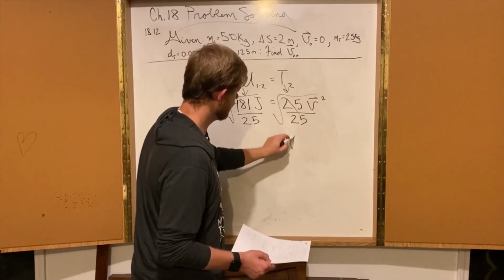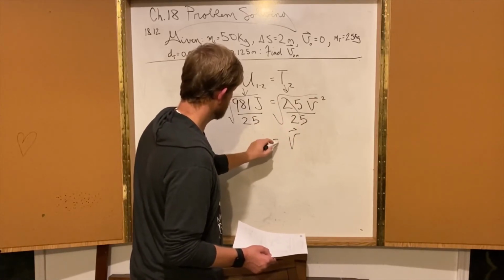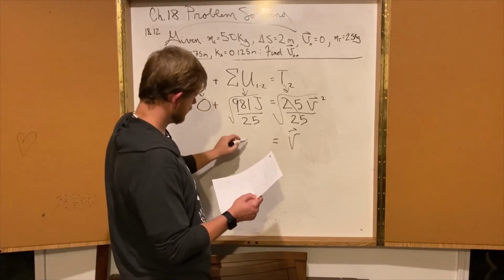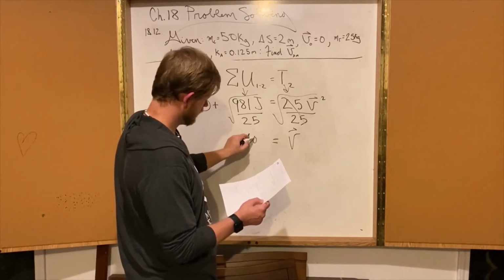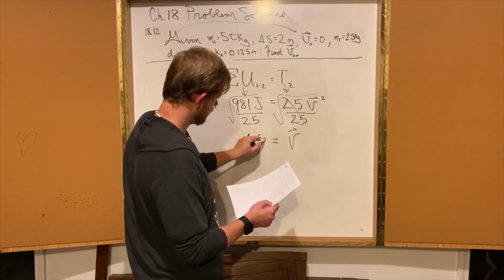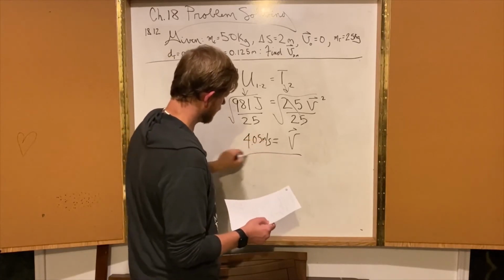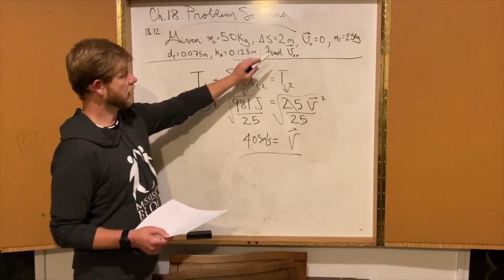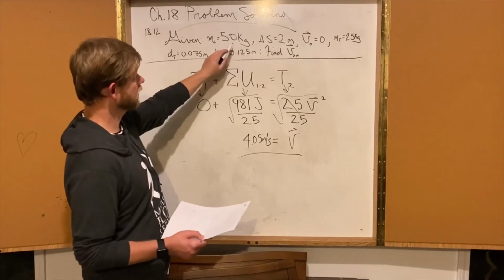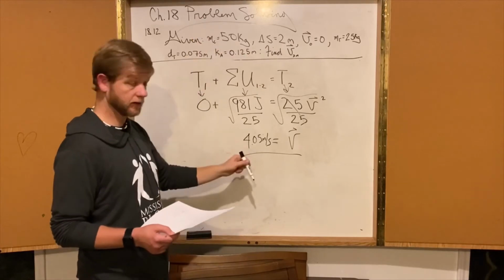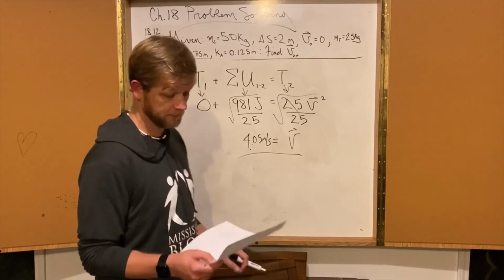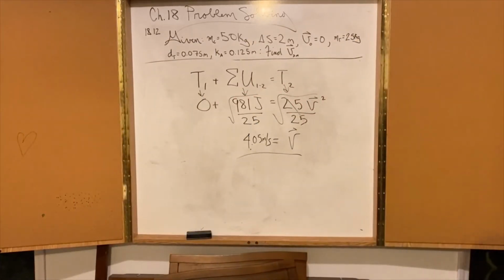So we know that V equals the square root of 981 divided by 25, which should be 4.05 meters per second. So that's the answer. The velocity when the 50 kilogram cylinder drops 2 meters is 4.05 meters per second.